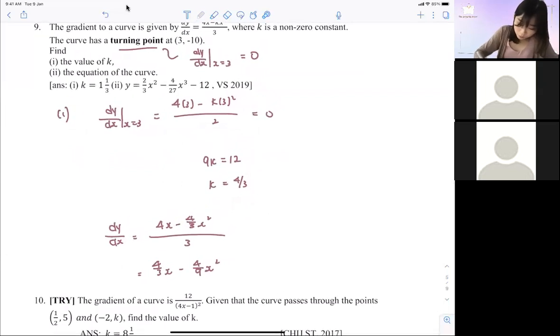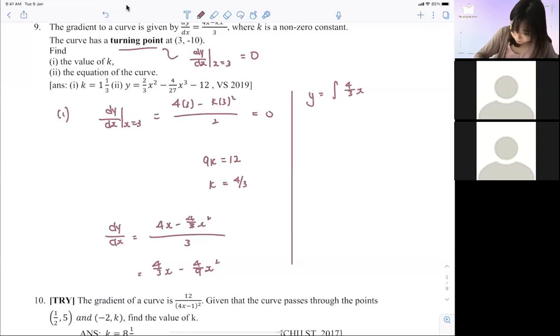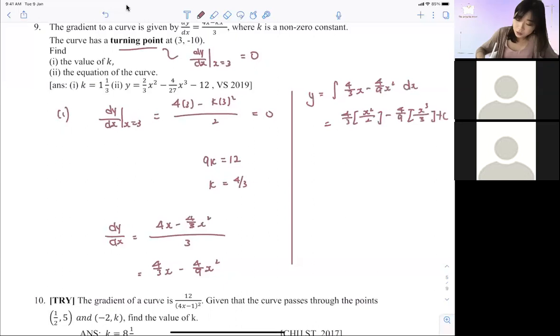So now, once we have dy over dx, we can find y. Remember how to integrate. 4 over 3 put outside. Power increased by 1 over new power. Again, 4 over 9 outside. x increased by 1 over new power plus c.